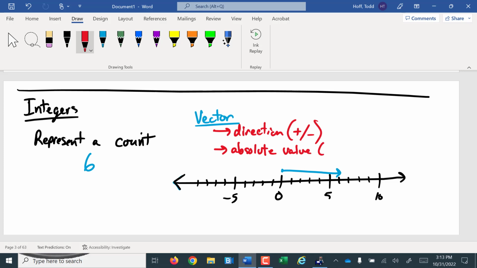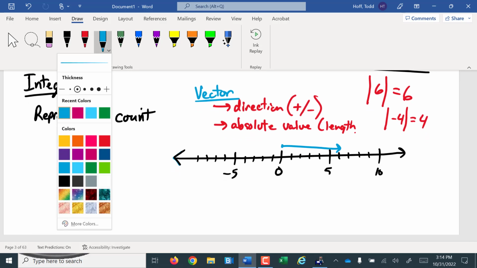Absolute value is just the length of the vector. So for 6, this is the symbol for absolute value. The absolute value of 6 is 6. The absolute value of -4 would be 4. So some people define absolute value as just the positive of the number. It's the magnitude or the length of the vector without the direction being considered.